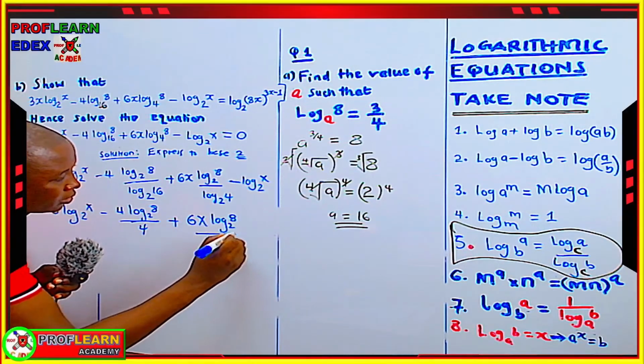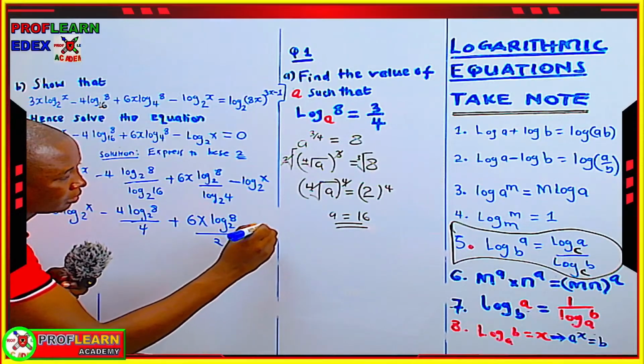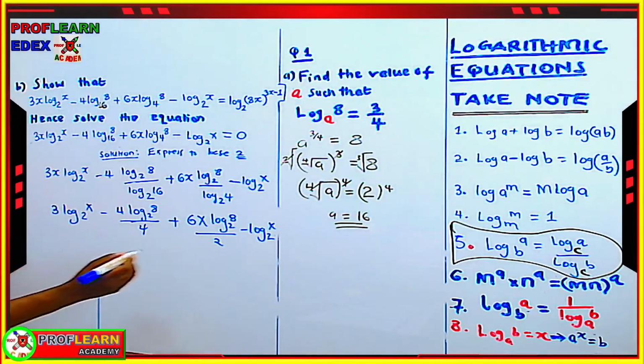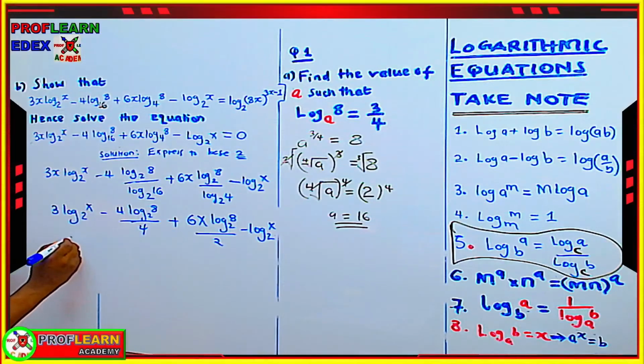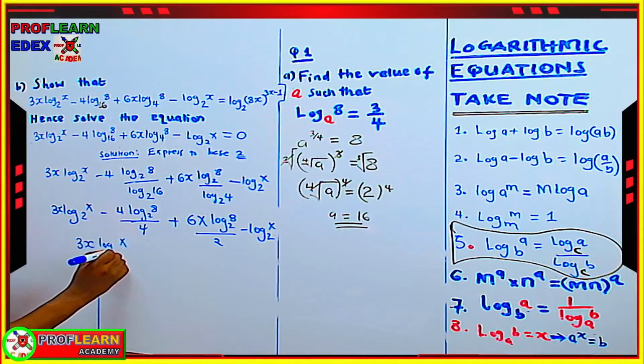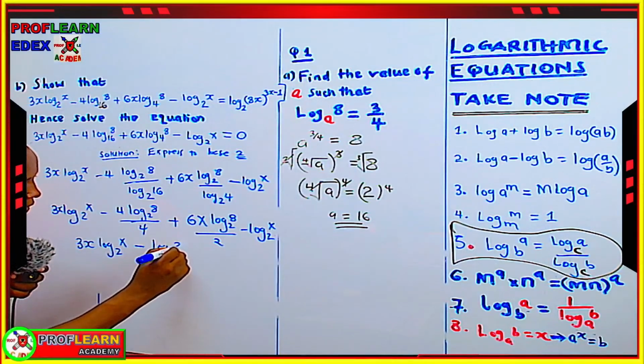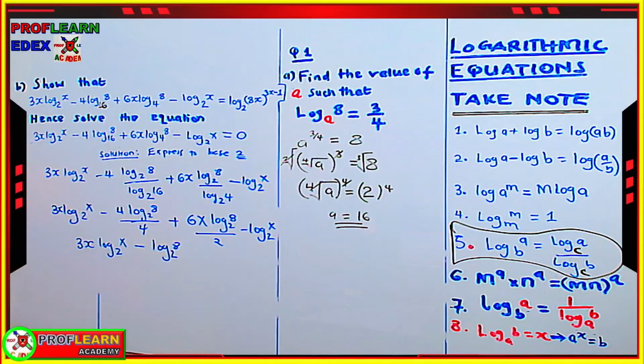I've subtracted this has 8 and this 8 so that I've put them together. This has x and this one has x, so I've put them together that way. Then we can factor out log, and we shall have 3x minus 1 log x base 2 plus 3.